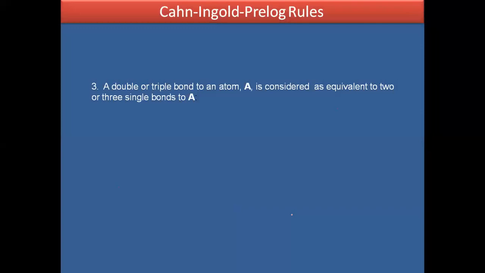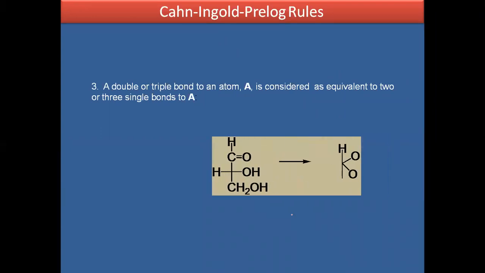There is another possibility: if a double bond or triple bond is present at the asymmetric center, then what will happen? Will you identify? Let us consider that a particular atom A has equivalent 2 or 3 bonds to another atom, directly attached to the asymmetric center.